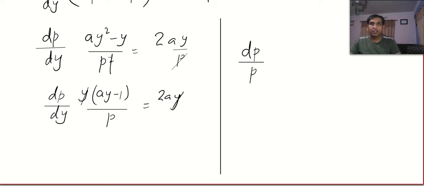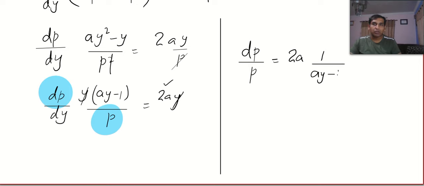I'm leaving this dp and p over here, and the remaining things I'll take to the other side. So 2a, it is already here, into 1 by ay minus 1 dy. Okay, that's it. Now it's variable separable, so time to integrate.